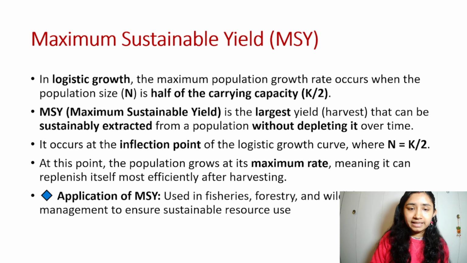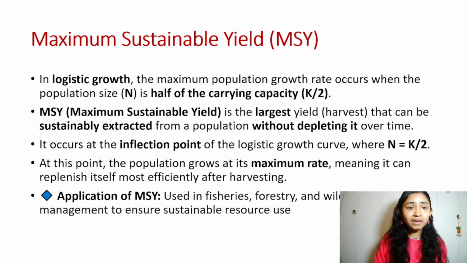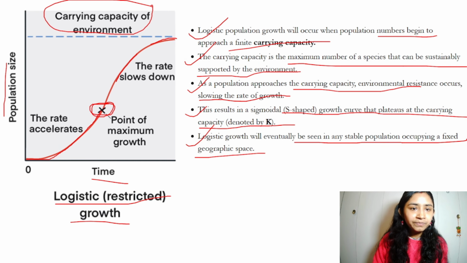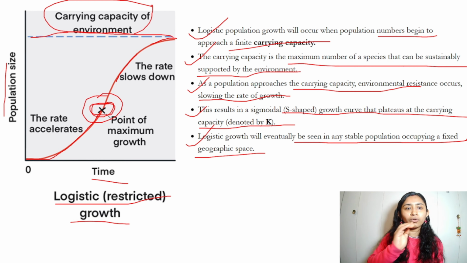What is it? I want to show you this point in logistic growth, which is known as maximum growth. Why is this point known as maximum growth? Let's see. In logistic growth, the maximum population growth rate occurs when the population size N is half the carrying capacity. Here you can see in the graph that your carrying capacity is this much, and when you attain half of your carrying capacity, at this point you can see the growth is maximum.